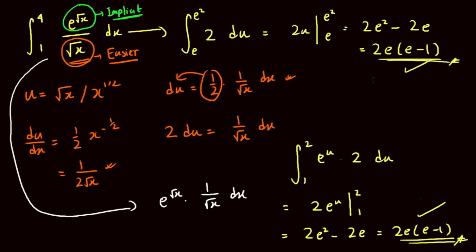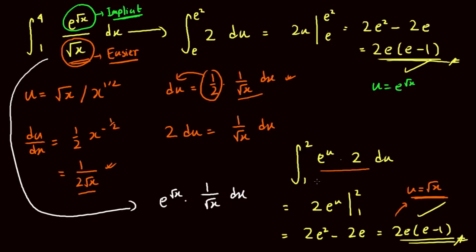Whether you stick to u as e to the power of root x, or whether we proceed with u as root x, it doesn't matter which substitution you use for this case, as long as you get the same answer. Though I prefer that we stick to this one, because like I said, it's easier to find the derivative and substitute it in.